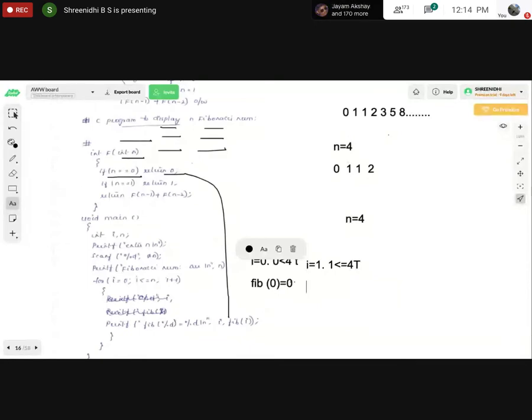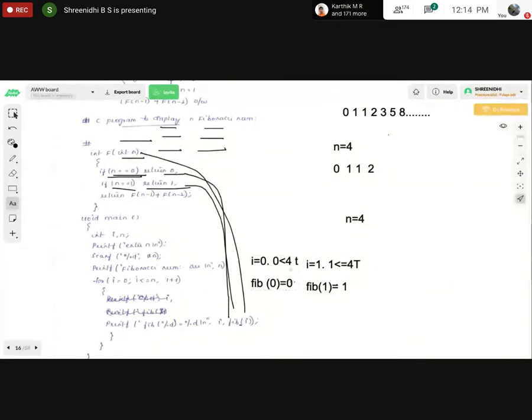Again, printf fib of, now your i is 1, is equal to fib of 1. When I pass 1 here, this will be false, this will be true, return 1. So it will print fib of 1 is equal to 1. So this is your first element, this is your second element.